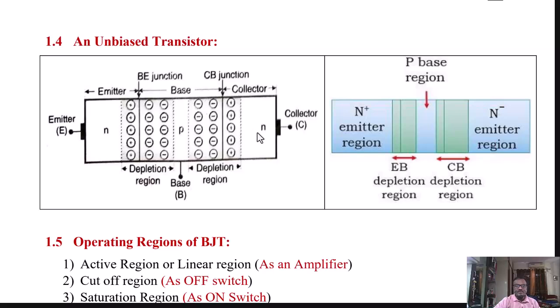And holes injected from base to collector leave behind the negative ions on base side. And therefore, there is a formation of a depletion region around the collector to base junction. This happens when no voltage is applied. The process of diffusion will be stopped when the field of diffusion is counterbalanced by the field of depletion region at steady state.